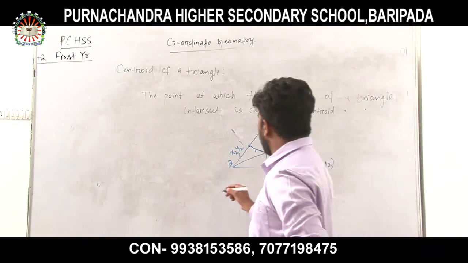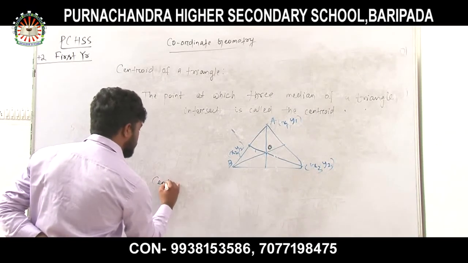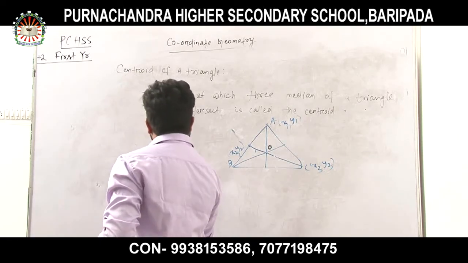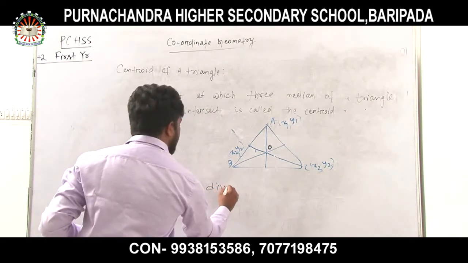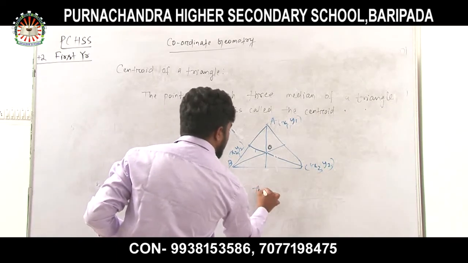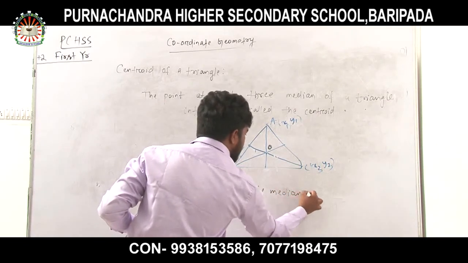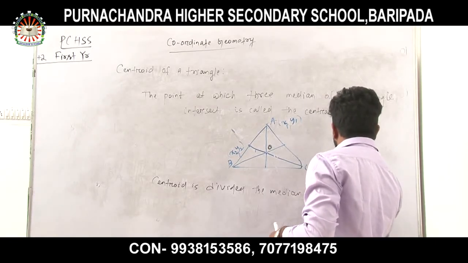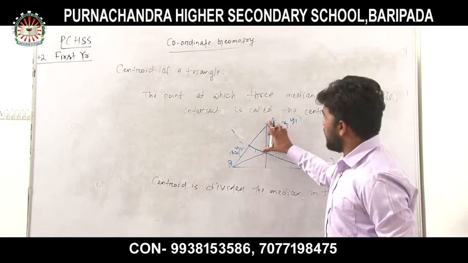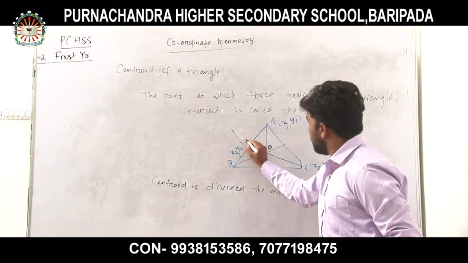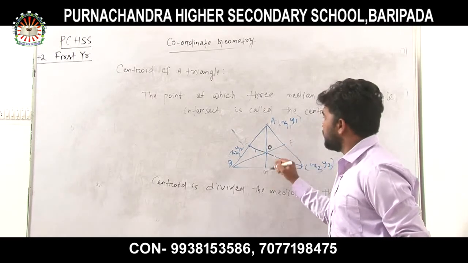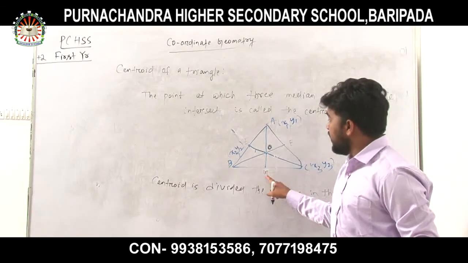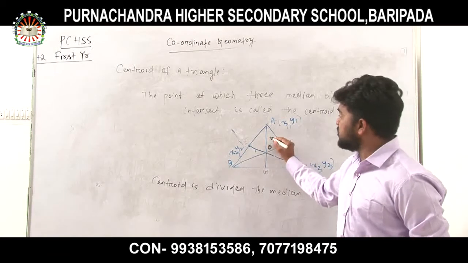With midpoints E, F and G, the centroid O divides median AG in the ratio 2:1.